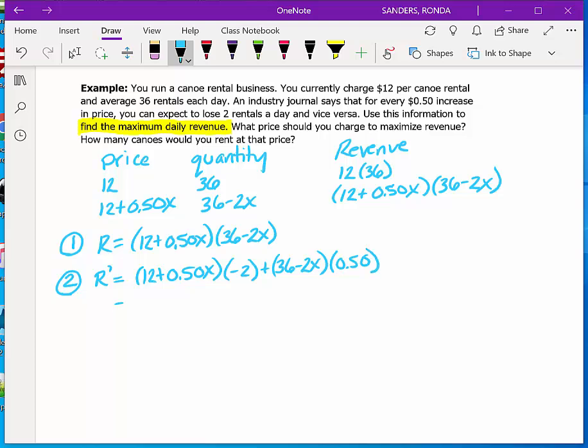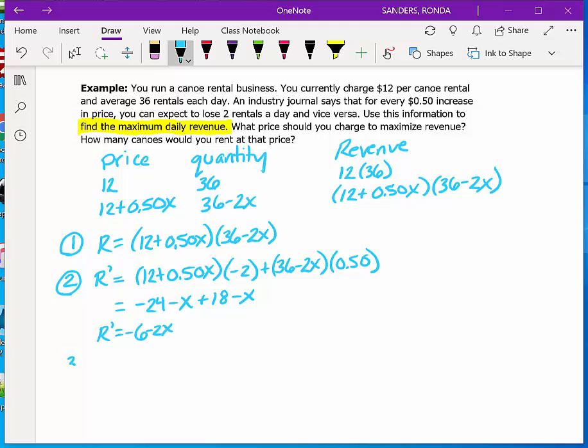We can simplify to get negative 24 minus x plus 18 minus x. So our derivative, r prime, is equal to negative 6 minus 2x.